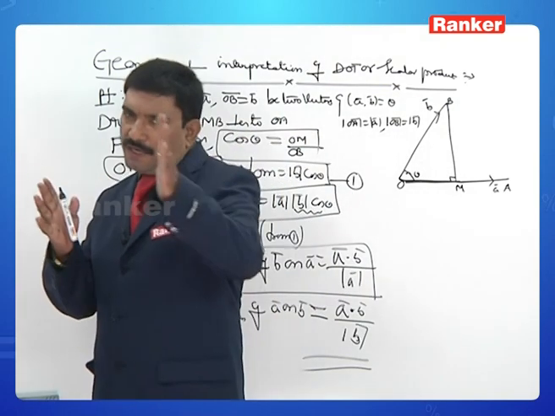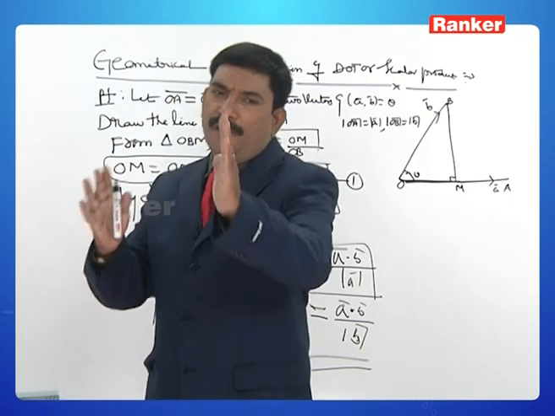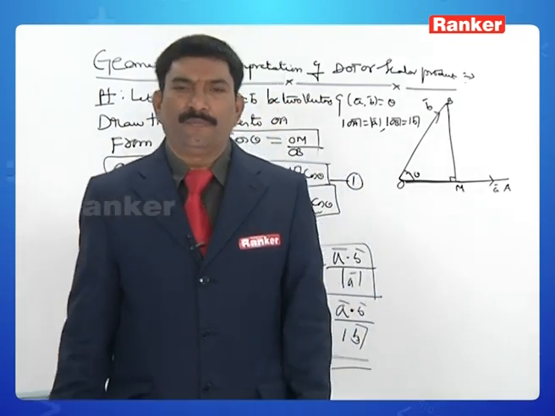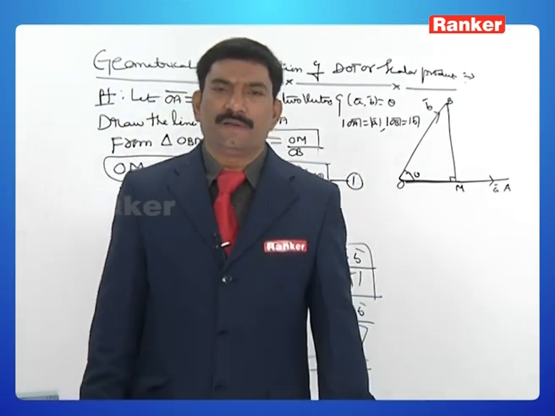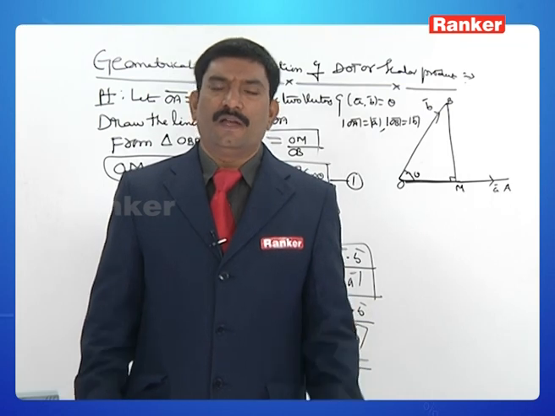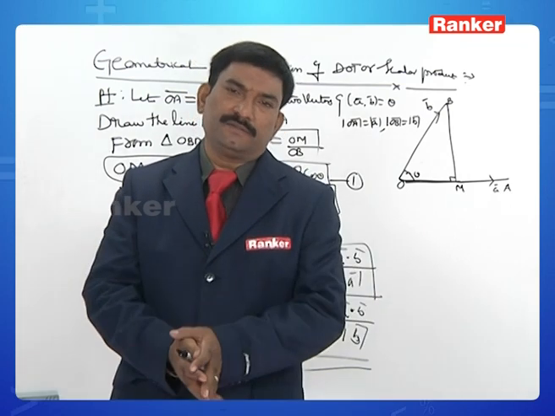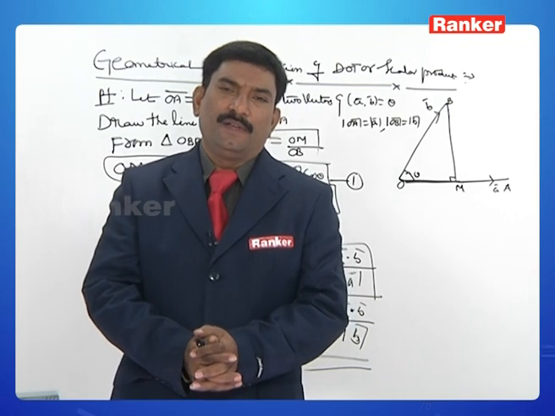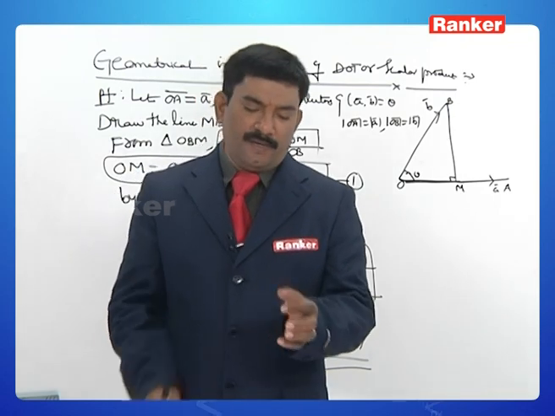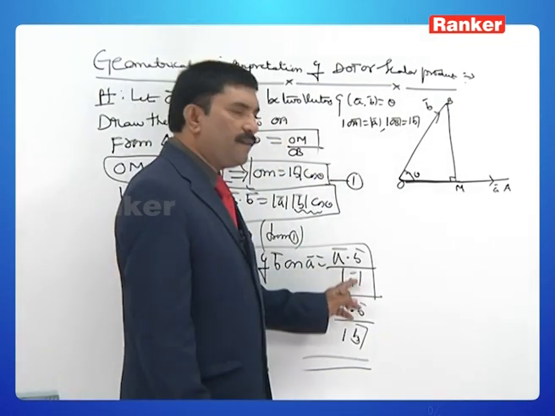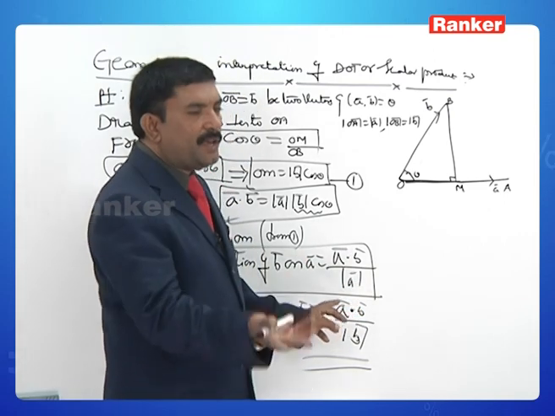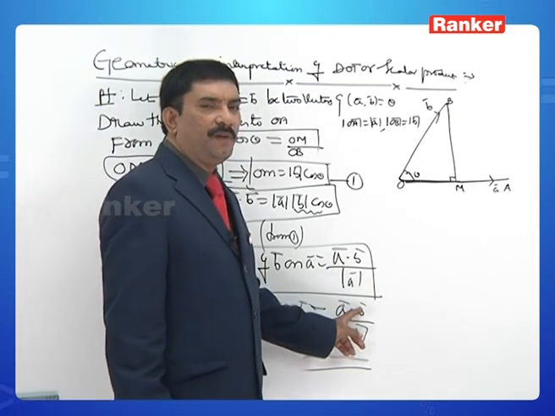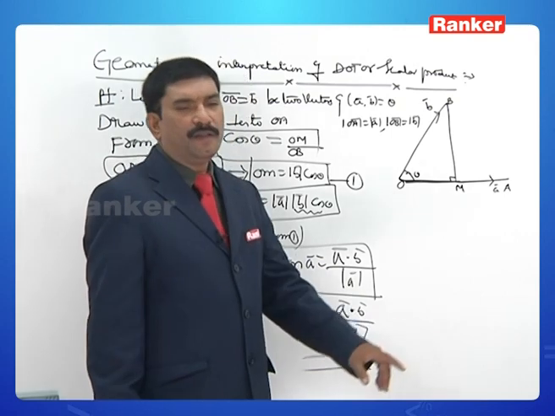How do you interpret geometrically the dot product? It's a projection of B bar on A bar, A dot B by modulus of A, with A bar in the denominator. On B bar, in the denominator what?